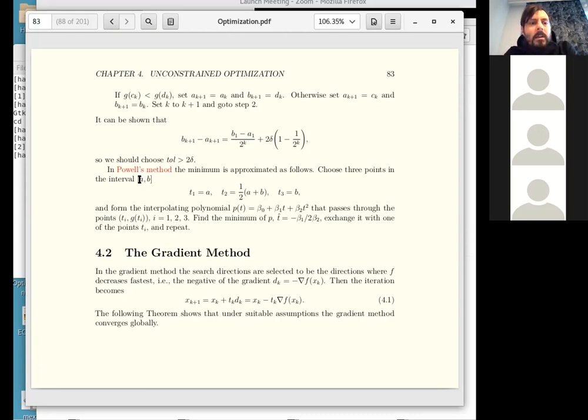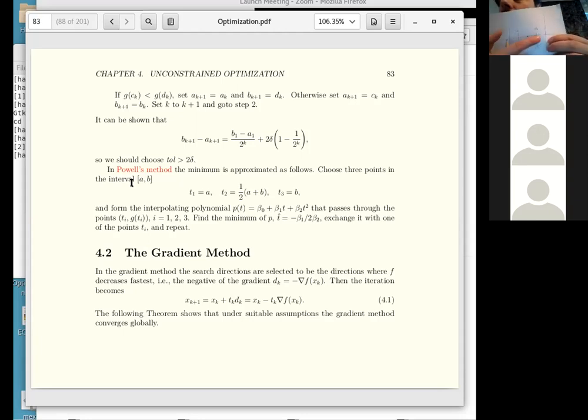There are ways in which we can maneuver on how this midpoint is found, but this is also something of a very generic optimization technique. If you are dealing with optimization methods, this is a very generic technique, because we're looking for the minimum in this interval. We know that the minimum is in this interval.